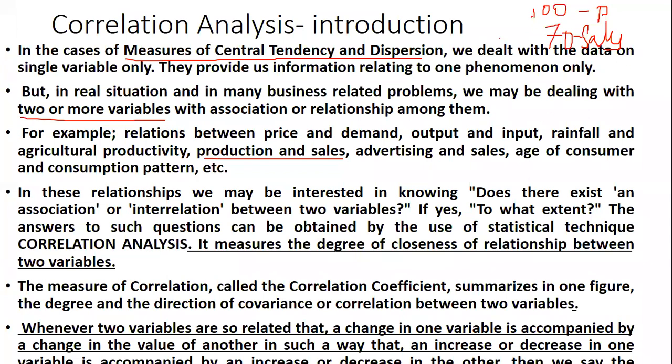Similarly, advertising and sales. This also works out very well. The more you advertise the product, the more people know about the product, and they will be interested to buy it. So that is the relationship between advertising and sales. Then rainfall and agricultural productivity. In the monsoon season, in June, July, August, if you get proper monsoon, you will have good agriculture.